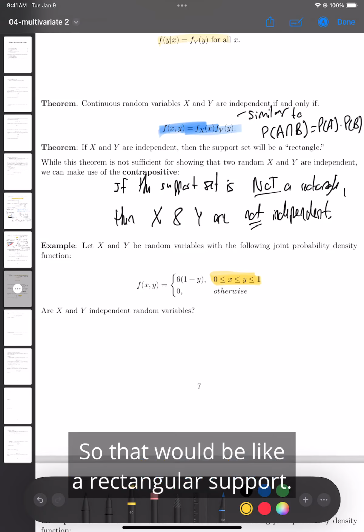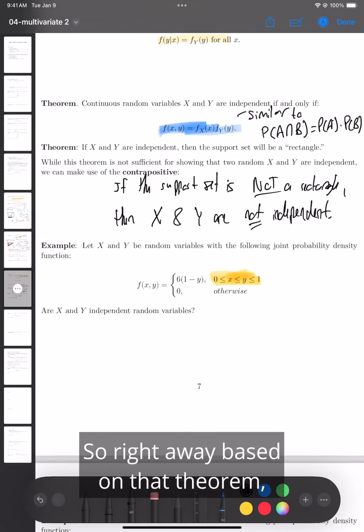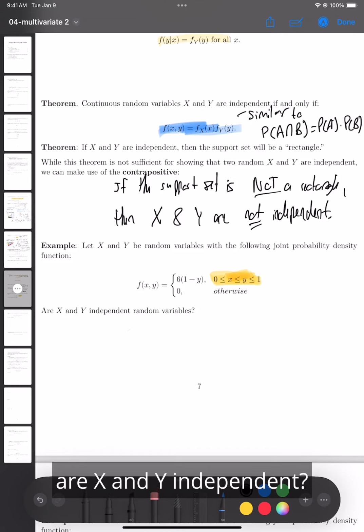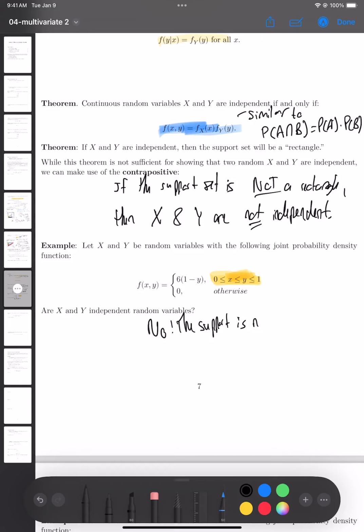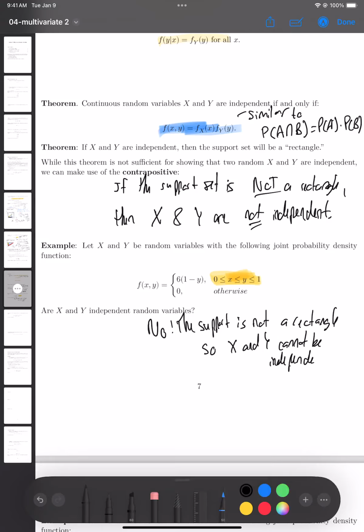This is not a rectangular support. So right away, based on that theorem, are X and Y independent? No. The support set is not a rectangle, so X and Y cannot be independent.